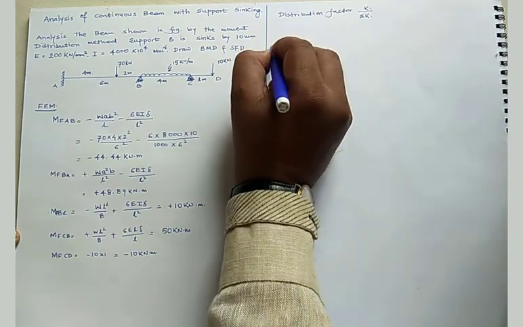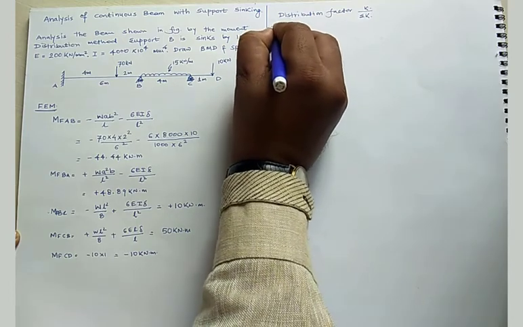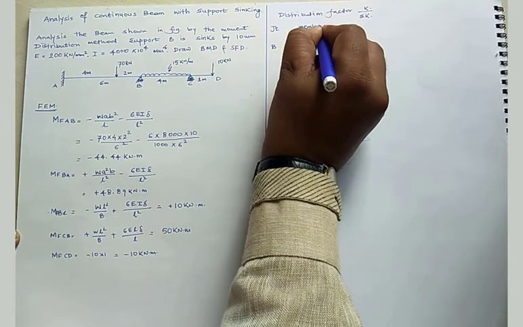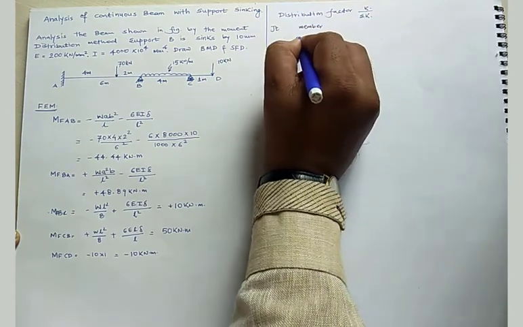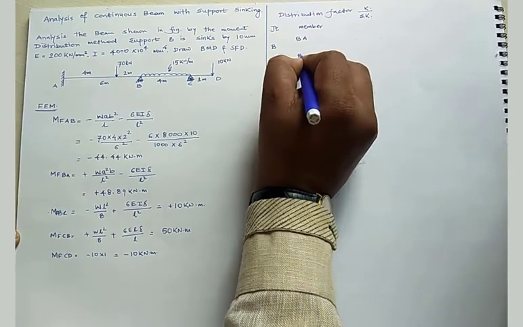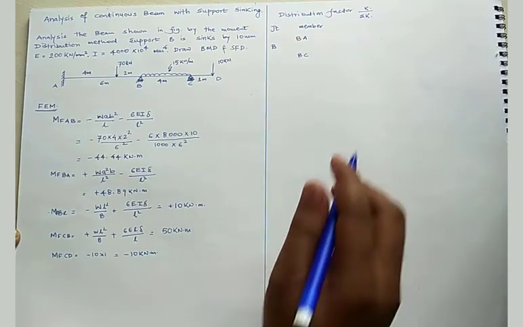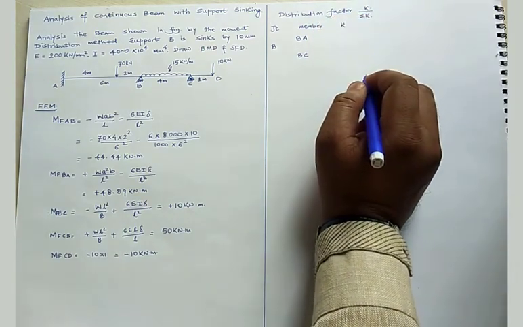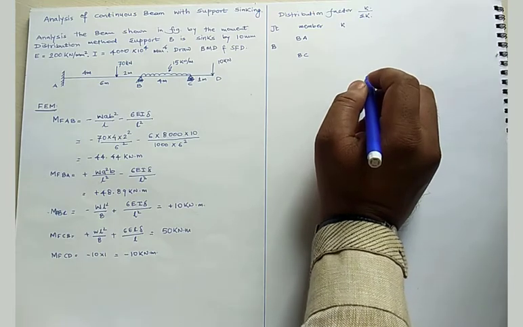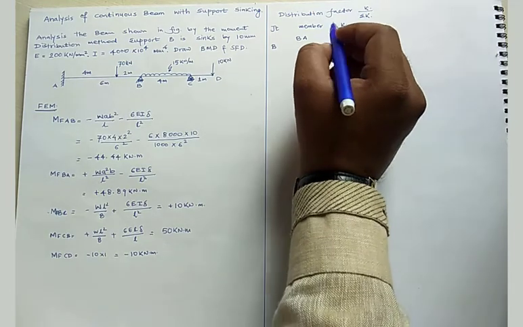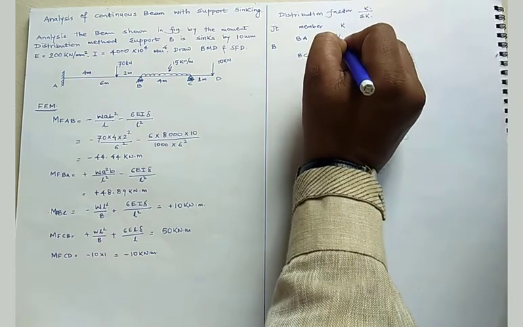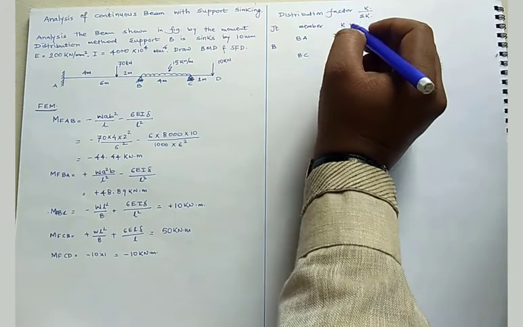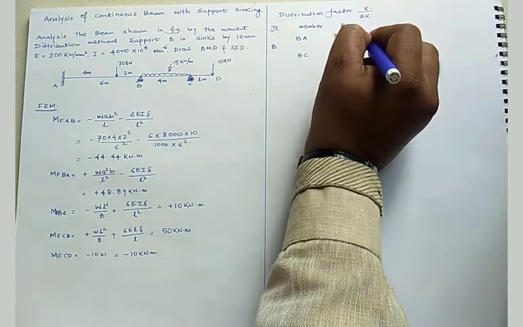So only one joint is there, joint B. To this joint there are two members, BA and BC. Then the relative stiffness we have to calculate for BA, as the A support is the fixed one, so it is I by L. The value of L is 6, so it is 0.167 I.